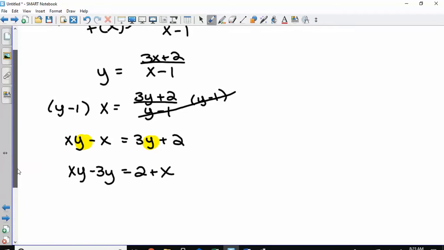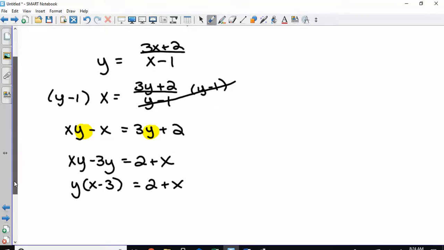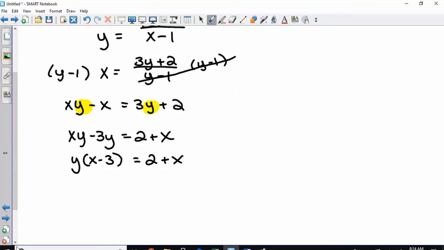Could you just take out x in that step? If you did, it will take you right back to where you were going, because you're trying to solve for y. So using that thought, what should I do right here? Take out the y. If I pull out my y, then we have x minus 3. Then to get y by itself, what do we do?